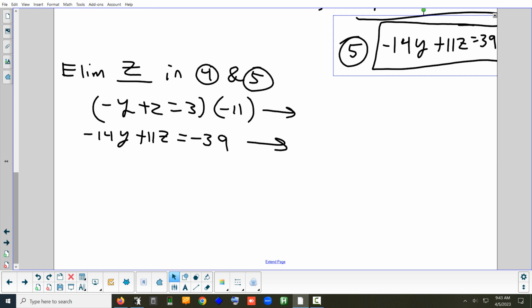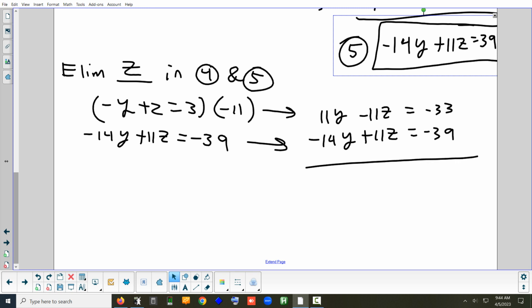So bottom stays the same. And how about, Chris, what's the top going to become? That would be -11y plus 11z equals -33. Okay, add them up. 11y minus 14y is -3y.